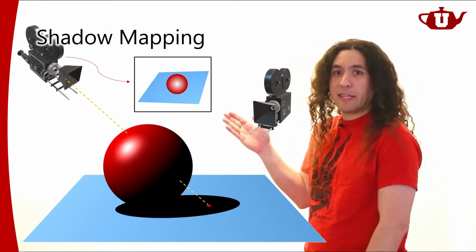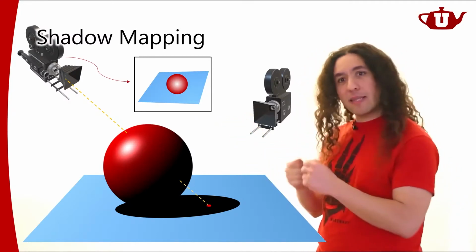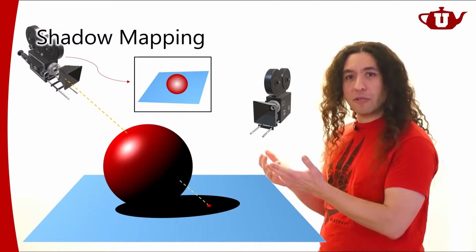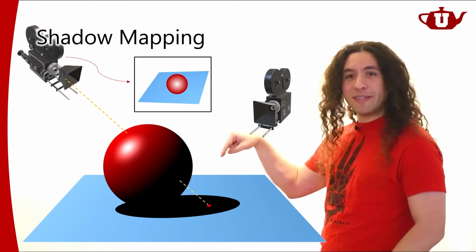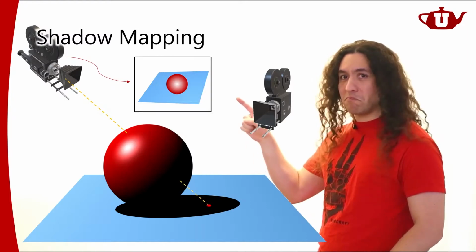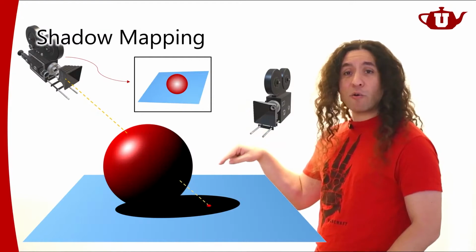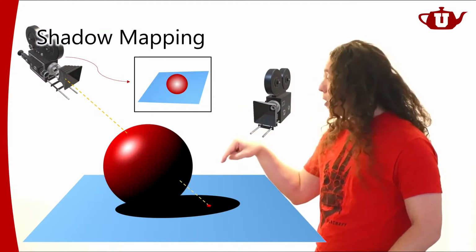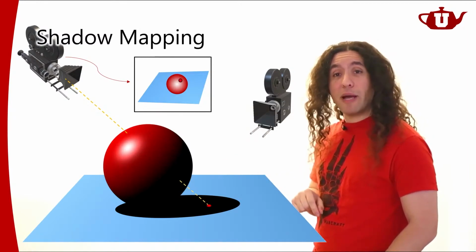I only see the things that are visible here. What I'm interested in finding out is things that are not necessarily visible, right? Like this point over here that I'm trying to shade, it's not over there. So I'm going to check the corresponding position of this point on this shadow map.